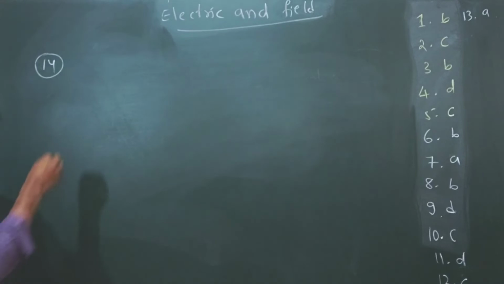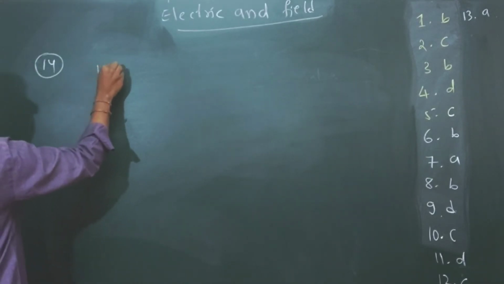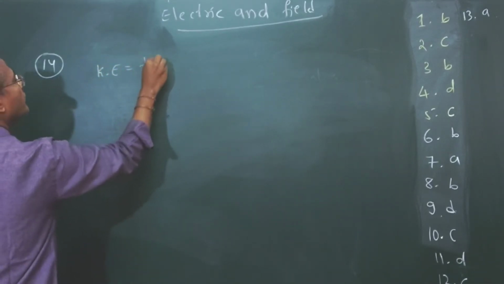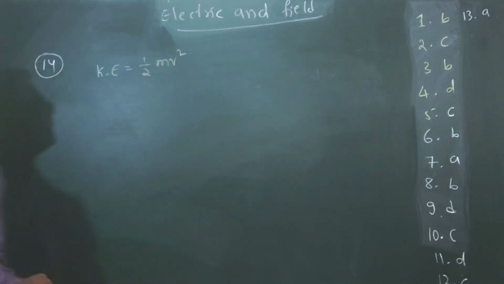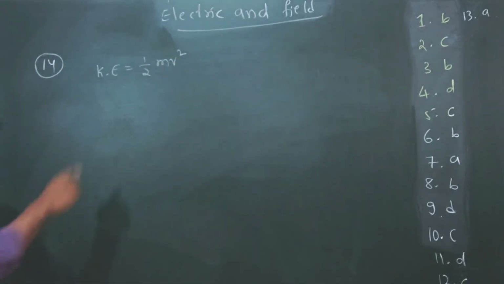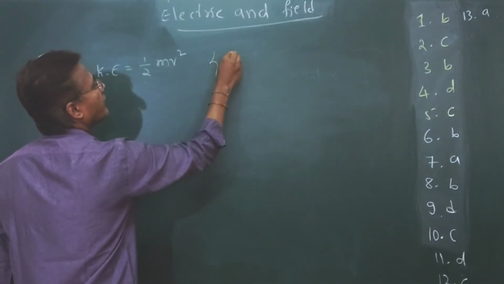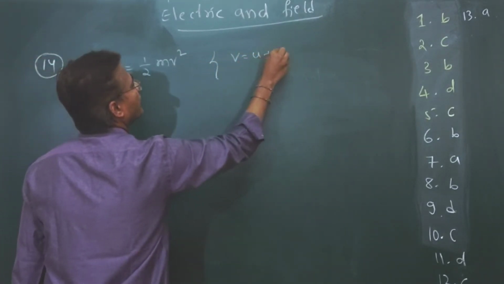As we know, kinetic energy equals half mv squared, where v is the final velocity. According to the equation of motion, v equals u plus at.